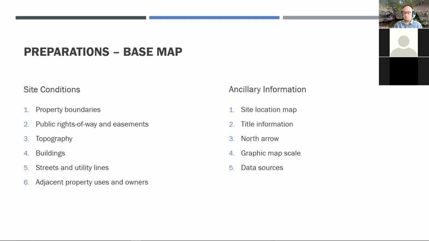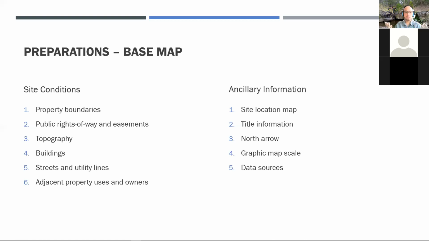The base map would also typically include ancillary or supporting information, such as the site location, a smaller scale map showing the site within its broader context. Title information usually contains the project name, location, who the planners and designers are, who the consultants are, and so on.